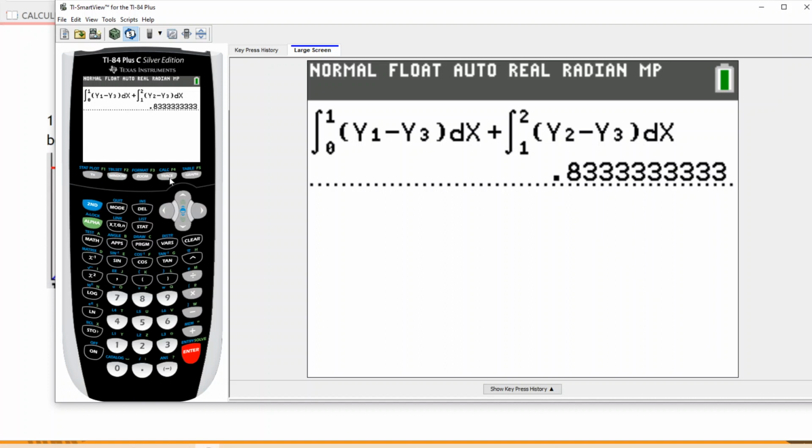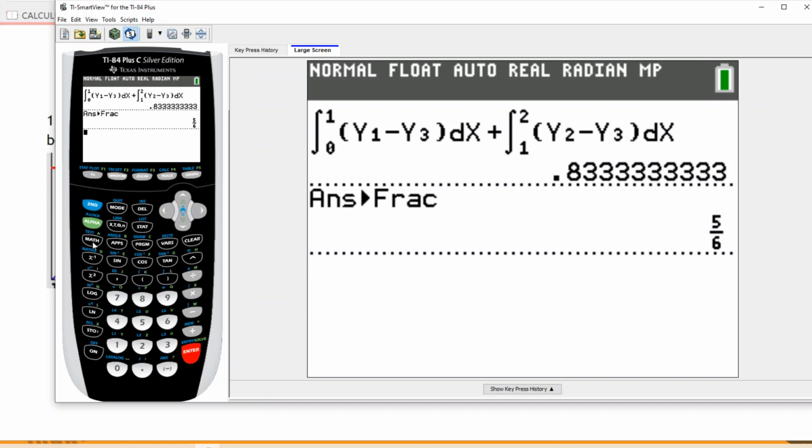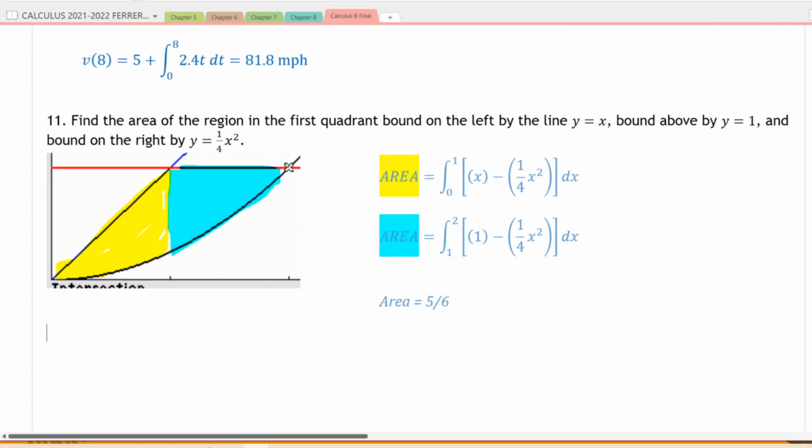Push enter and that will give me a result. If you need to turn that into a fraction, of course, you can use the fraction function and get 5/6. So that was strategy 1.